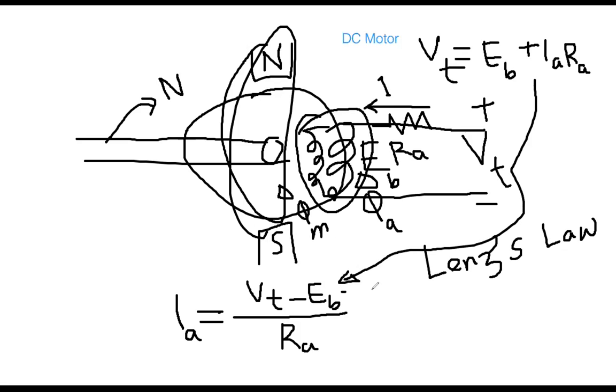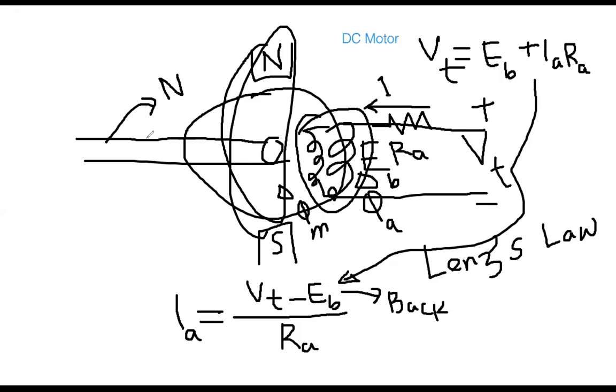Now, as I said, EB is your back voltage. Look at this equation. At the very beginning, you are applying the voltage, but the shaft has not started rotating yet.